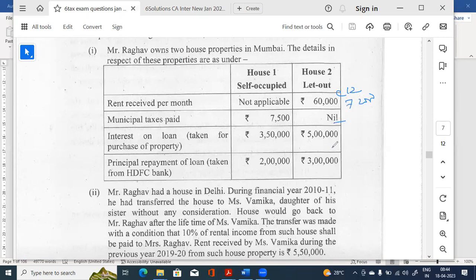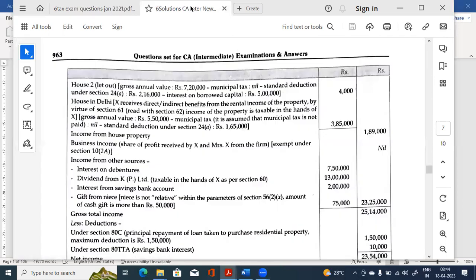Municipal tax is nil and interest is 5 lakhs. So what is the problem there? Though 5 lakhs is available, what has to be done? Five lakhs is deductible because it is let out. The entire amount is deductible.